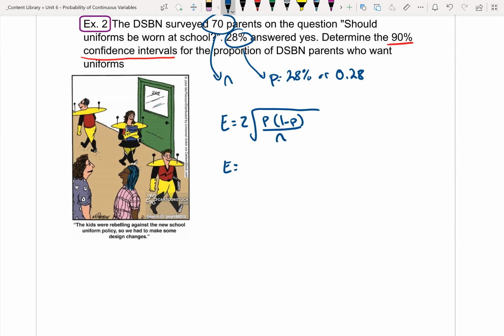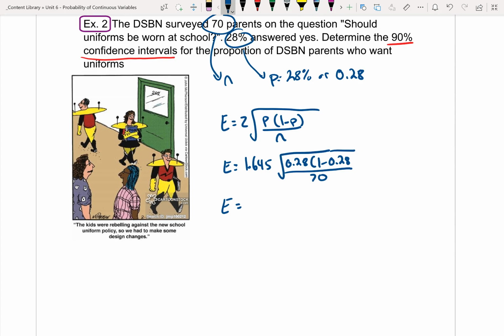So my z score from the table for a 90% confidence interval is 1.645 times the square root of p, or 0.28, times 1 minus 0.28 divided by 70, or the number of parents.